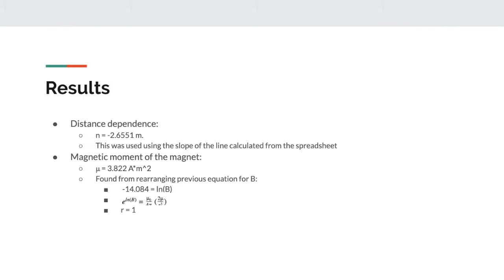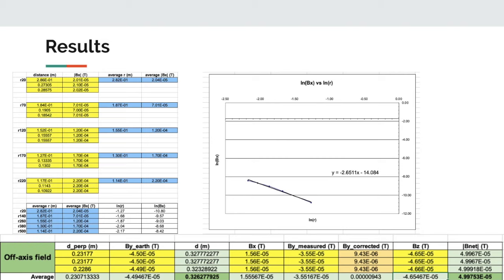My results: I found that my n was negative 2.6551 meters, and again this was used from the slope in the previous slide, and my magnetic moment was found to be 3.822 amp meters squared. This was found from rearranging my previous equation from the first slide for B, and I used this negative 14.084 to equal ln of B, and this 14.084 was found from my slope equation from the Excel sheet right here.